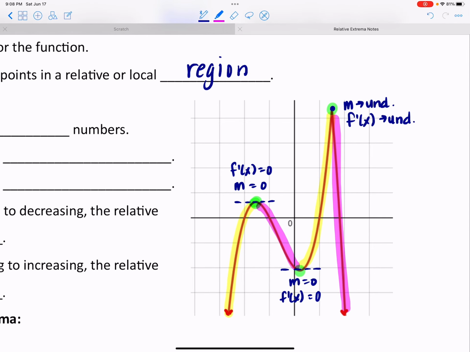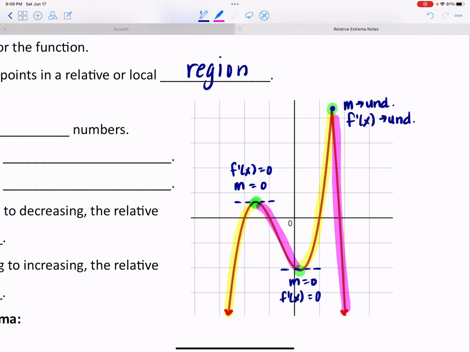So if we can identify the critical points, and we know how to, and then determine where our graph is increasing and decreasing, even if we're not looking at the graph, we know that if we change from increasing to decreasing or vice versa, that critical point has to be a relative max or a relative min.